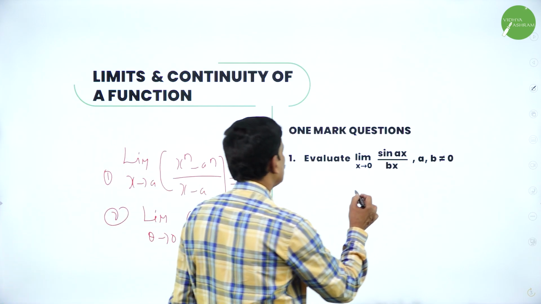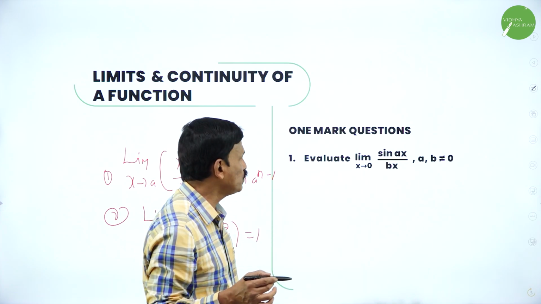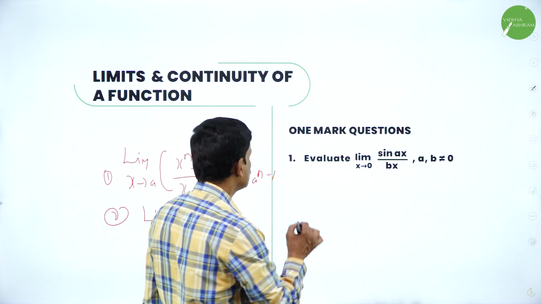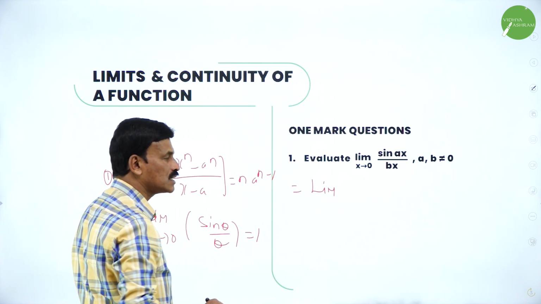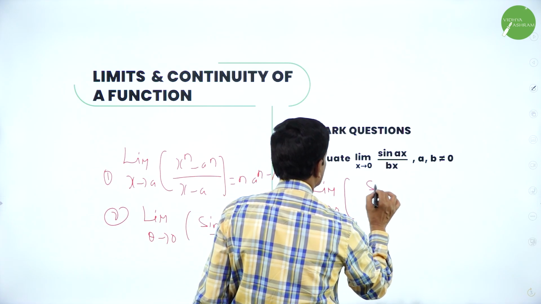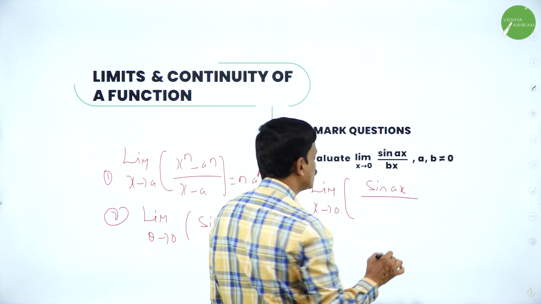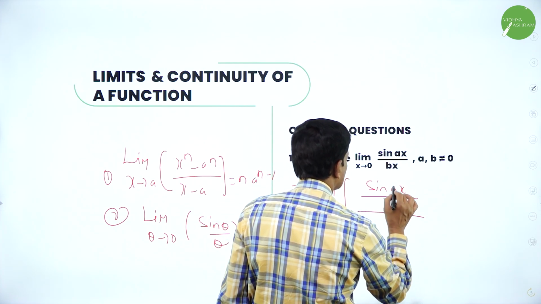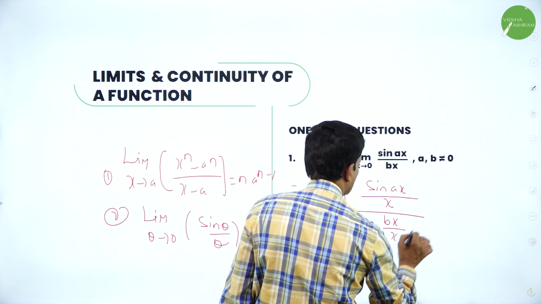Now, what is the problem given? Evaluate limit x tends to 0 of sin of AX divided by BX where a and b are not equal to 0. So, let us convert this into the standard form sin theta by theta. Limit x tends to 0 of sin AX, just divide both numerator and denominator by x. Sin AX by x whole divided by BX divided by x.